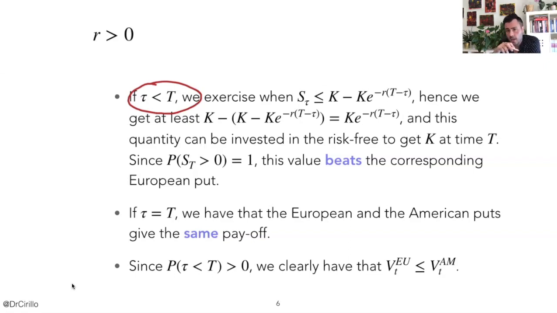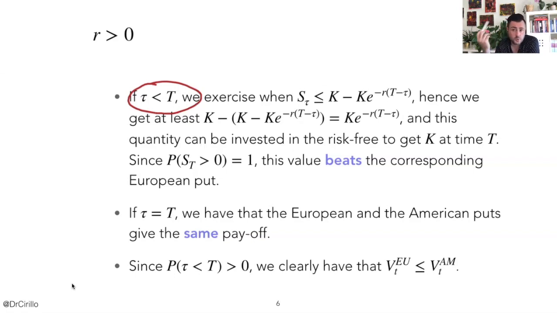Now, we know that the price process of our underlying asset is for sure positive. We do not have negative prices, and also a price equal to 0 is something that we do not allow for, because when the price of an asset is 0, it means that the asset is out of the market. So the price of our asset needs to be necessarily positive.